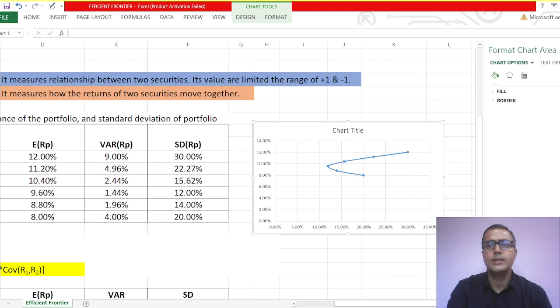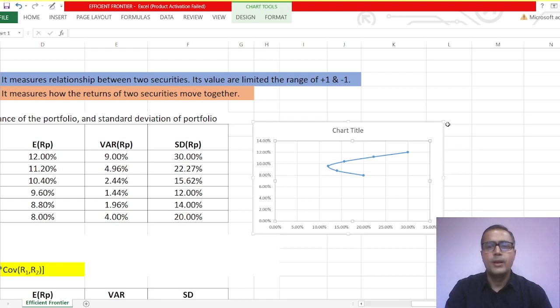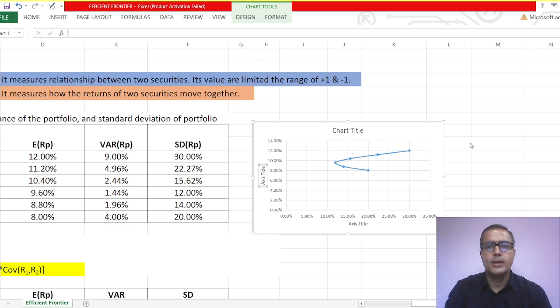Now we need to explain the axes, right? The x-axis is the standard deviation, or you can say the portfolio risk. And on the y-axis, as I explained, we say the expected portfolio return.